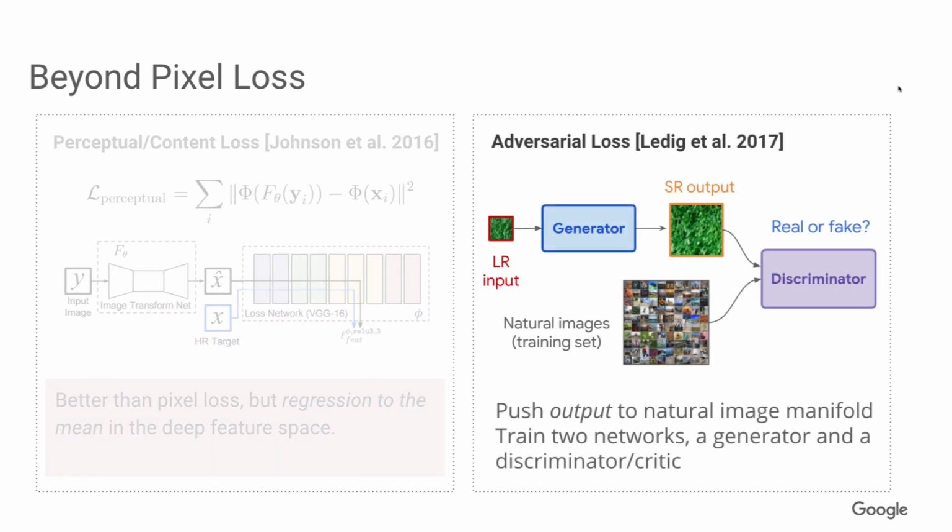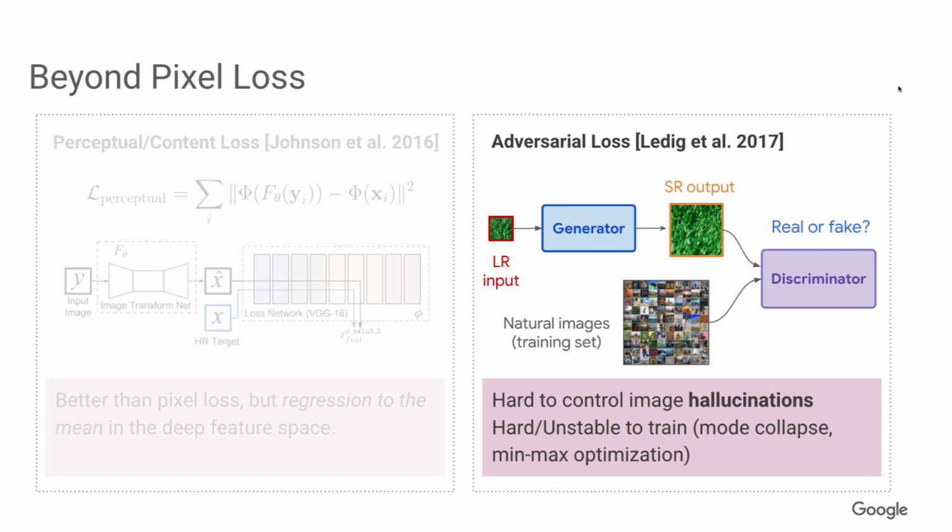An alternative approach is to use an adversarial loss where the generated images are forced to be in the manifold given by the high-resolution training data. This is done by simultaneously training two networks, a generator or restoration network, and a discriminator or a critic that learns to distinguish between real or fake images.